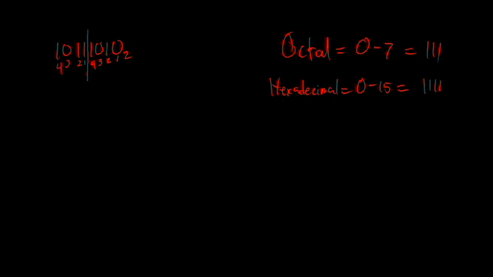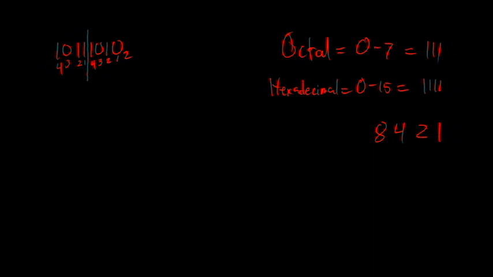From there, you will do the conversion. So as always, 1, 2, 4, and 8. Since there are 4 digits in hexadecimal, we'll also use up to 4 digits in binary.